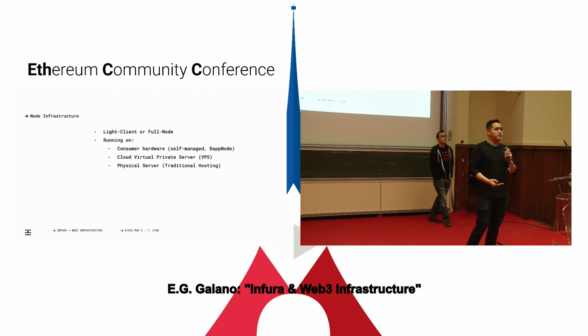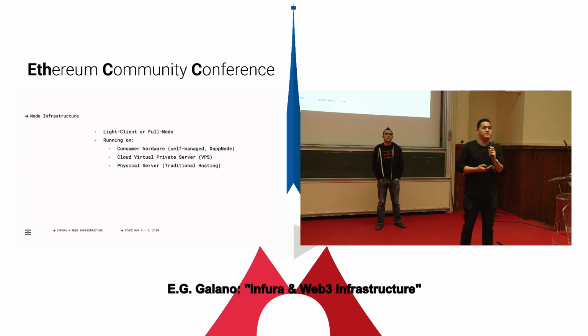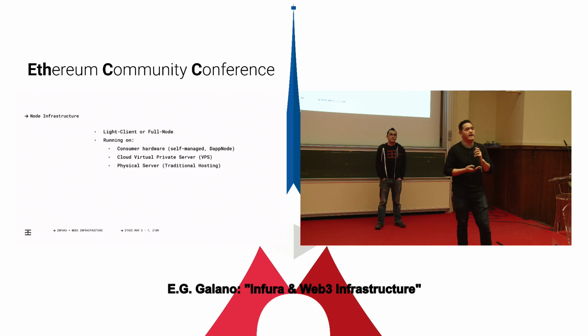follow the developers on Twitter and get into their Gitter channels or Discord channels. The node infrastructure is what these clients actually run on. Some of our friends from DAppNode are here, so you could run DAppNode and have that manage your client for you, whether you're running it yourself on your laptop, or putting it on your Avado server or some other specialized client device. That's one option. You could be running this as your Status light client on your mobile device.